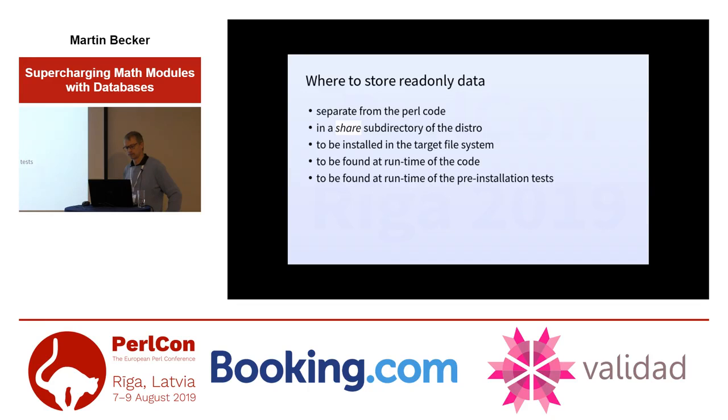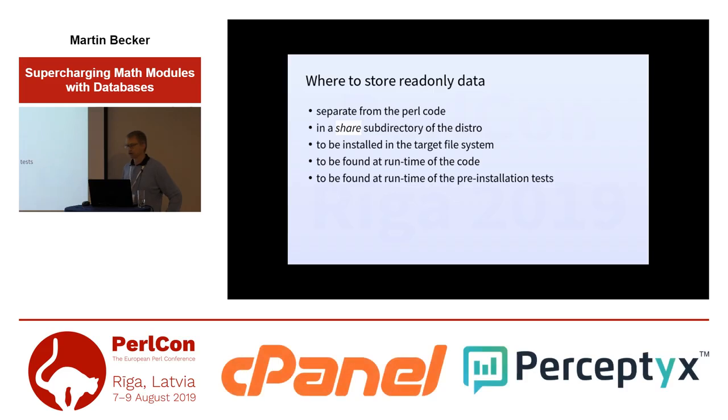It might have a different ecosystem to live in, but you want to install it somewhere where you can find it when you need it at runtime. And ideally, you can also find it when you need it before it is installed, at the time your installation tests run.